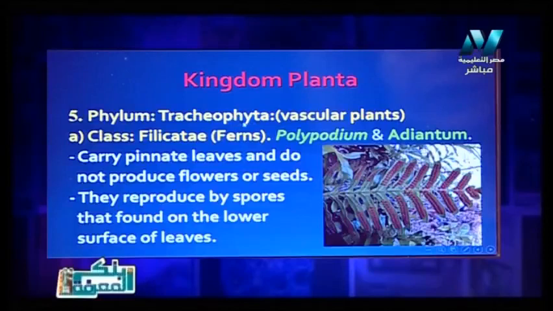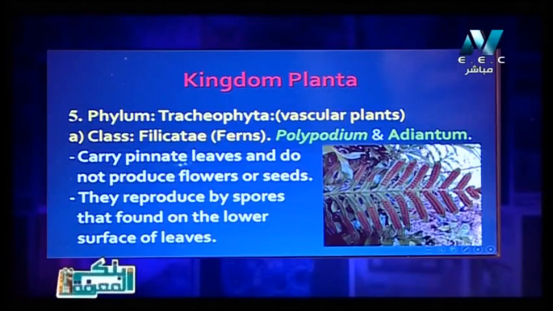This phylum, Tracheophyta, includes Filicopsida, as we said, the fern plants, and the examples here are Polypodium and Adiantum. In this picture, you can notice the red patches, arranged in a pinnate pattern, and these patches contain the spores which are used in reproduction in a part of its life cycle.